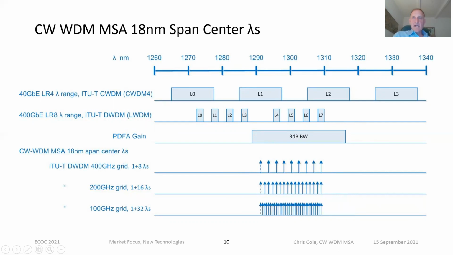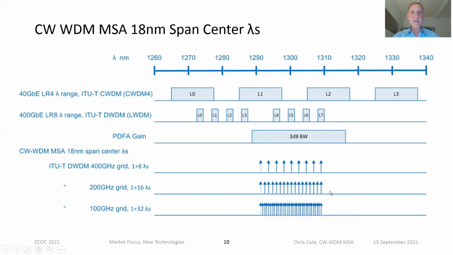The second span set is 18 nanometers. We now have, using 400 gigahertz spacing, 8 data carrying wavelengths. With a 200 gigahertz grid, we have 16, and with a 100 gigahertz grid, we have 32. And then again, you can see the additional single wavelength for synchronization.